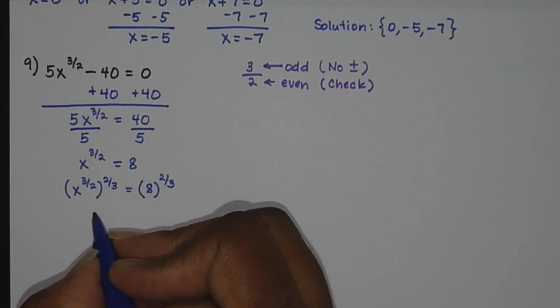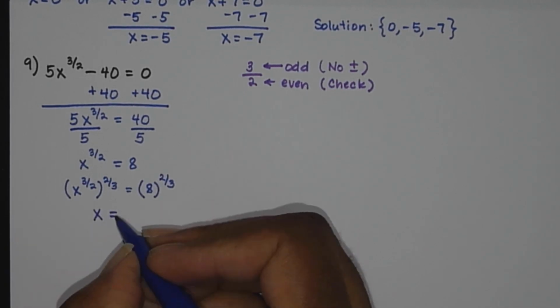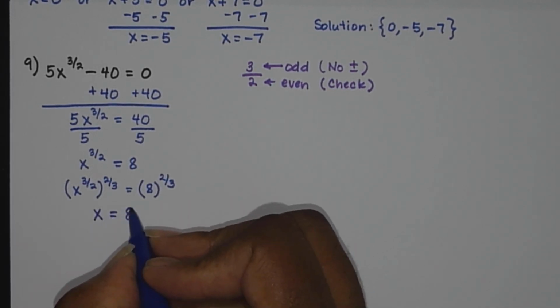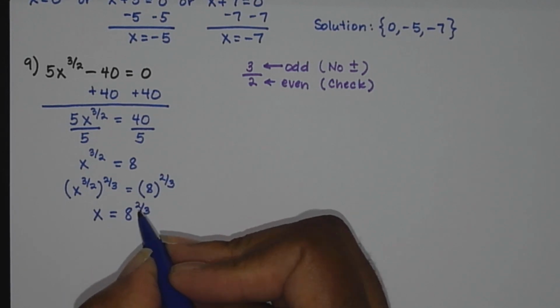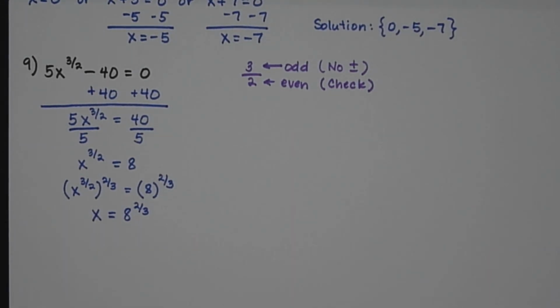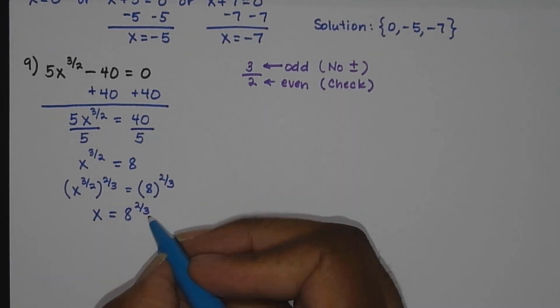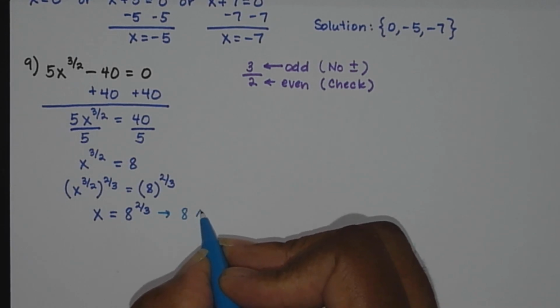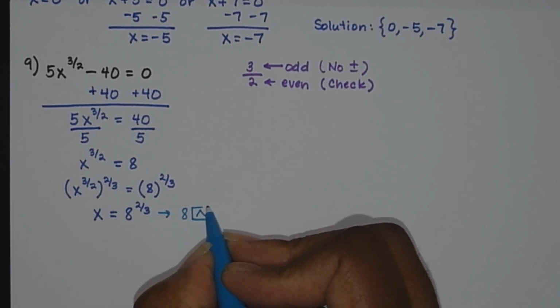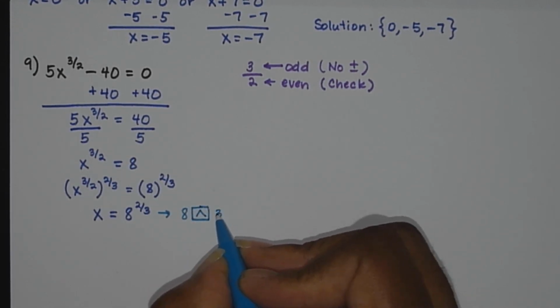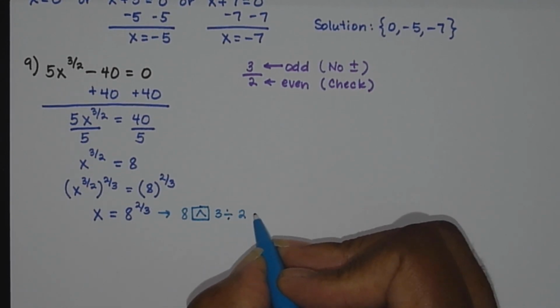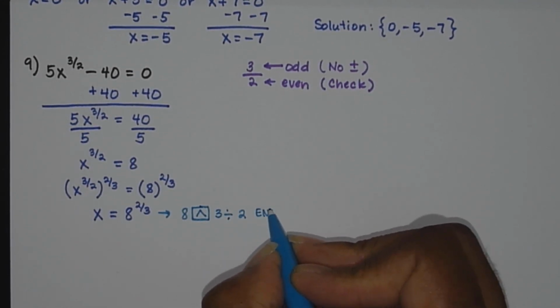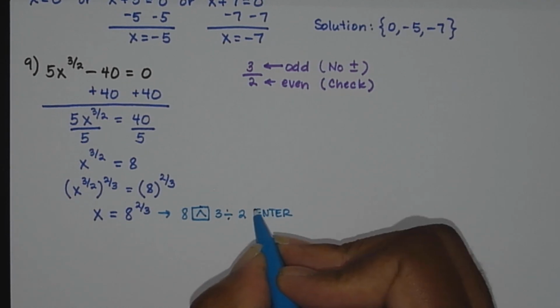So it'll be x to the 1, or just x. And that's equal to, and I'll go ahead and write down 8 to the 2/3, which can be done in the calculator by doing this. You'll type in the 8, you'll press the hat key, and then 2 divided by 3, and press enter.